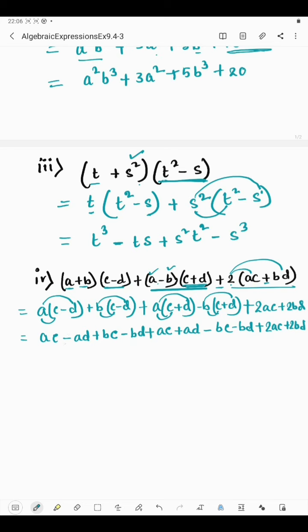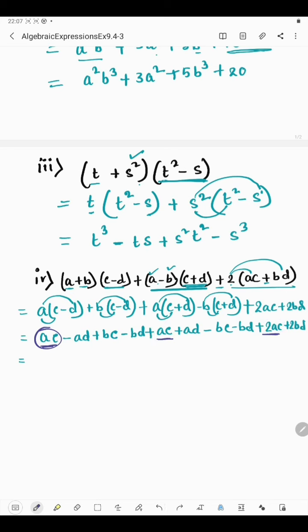Now we will have to check if there is a like term present over here, then we will have to add or subtract. Okay. Now at first we have AC. Now we'll check if there is an AC term present or not. So here is one AC and here is one AC. So in all these three terms, AC, AC and 2AC, all are having plus sign, right?